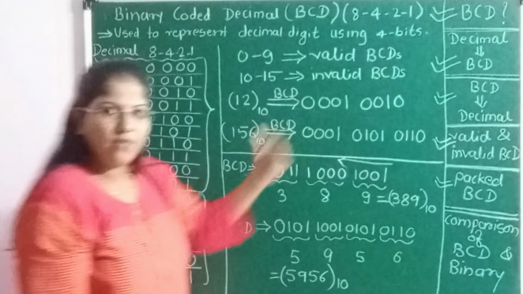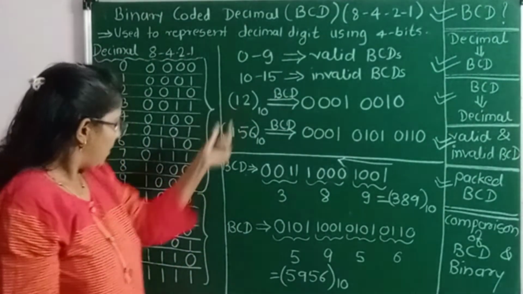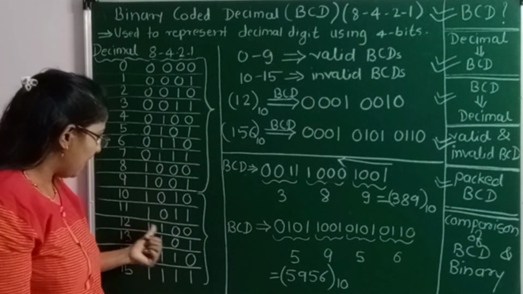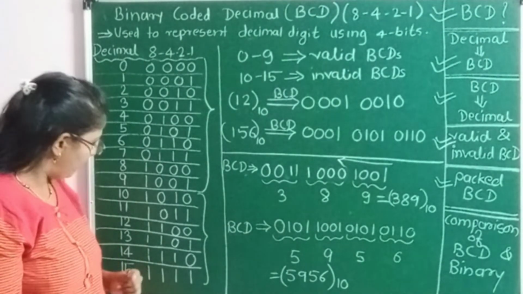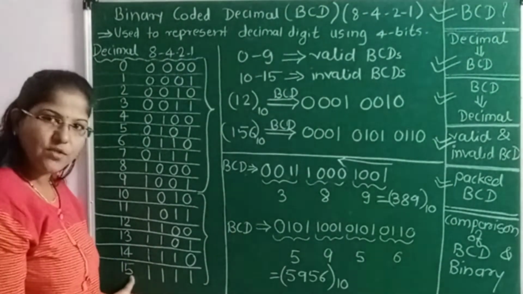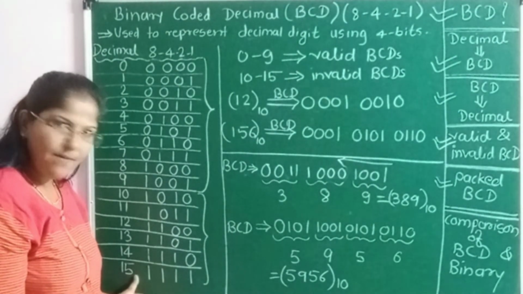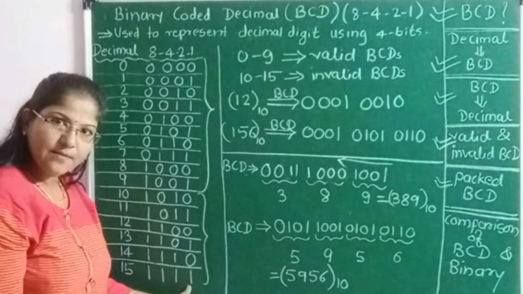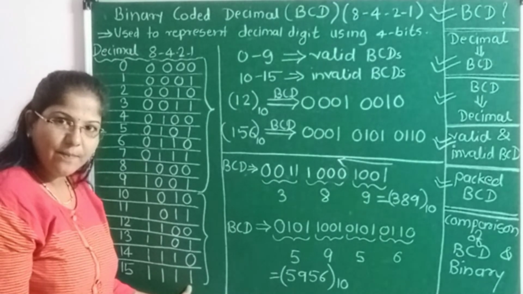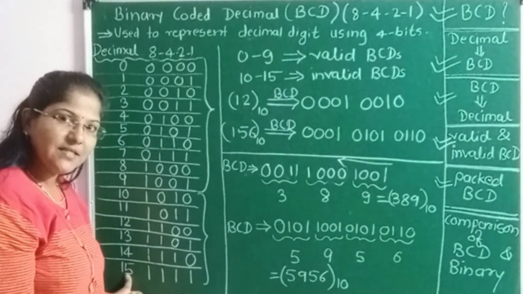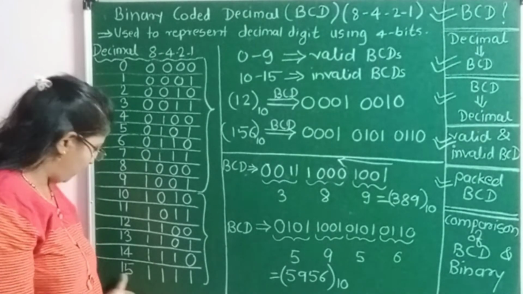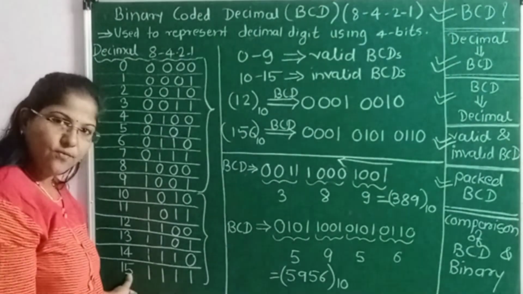But when we represent 12 using binary, how many bits does it contain? Only 4 bits. When we represent 15 using binary, it also contains only 4 bits. But if I use the BCD to represent 15, then I will need 8 bits, because 4 bits for 1, 4 bits for 5.